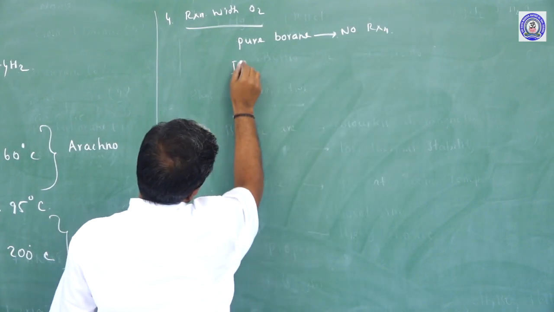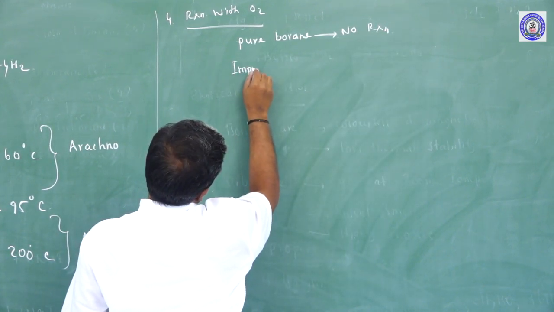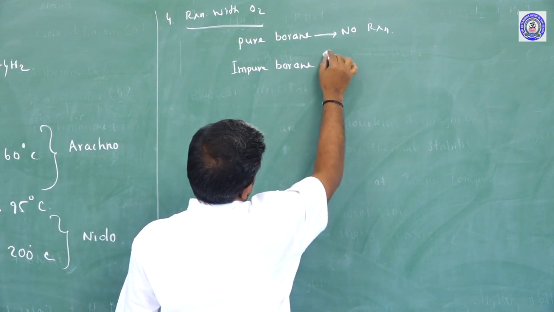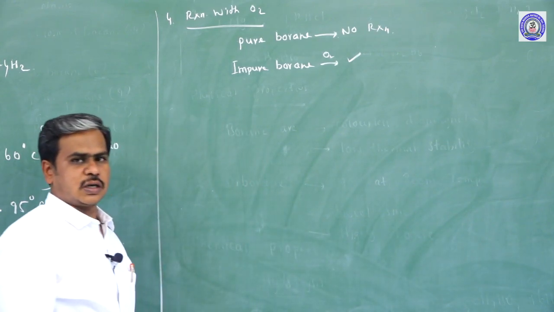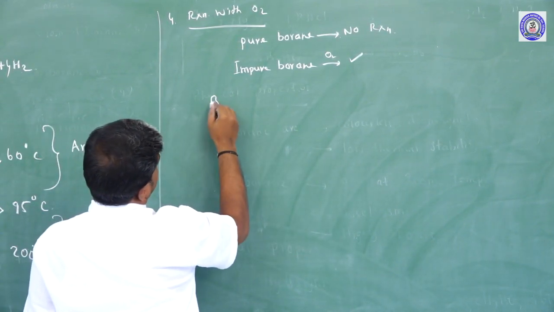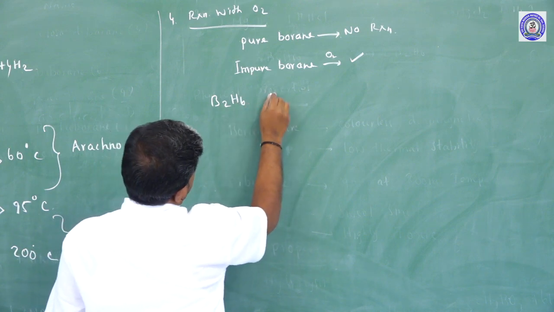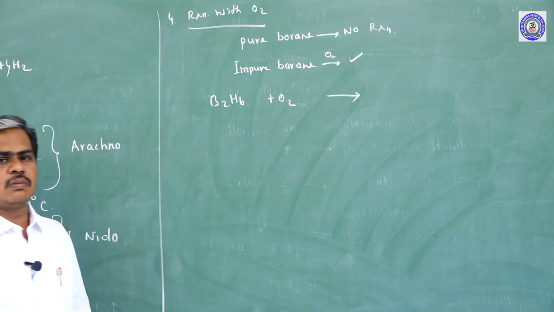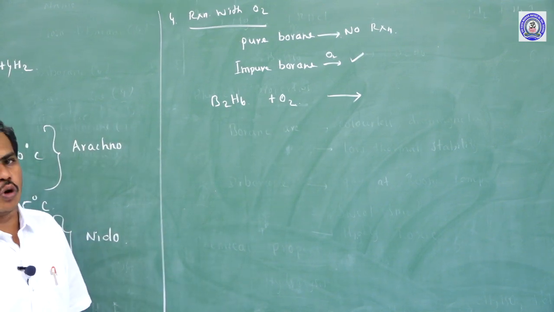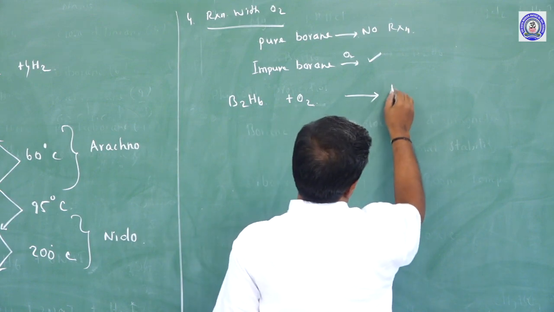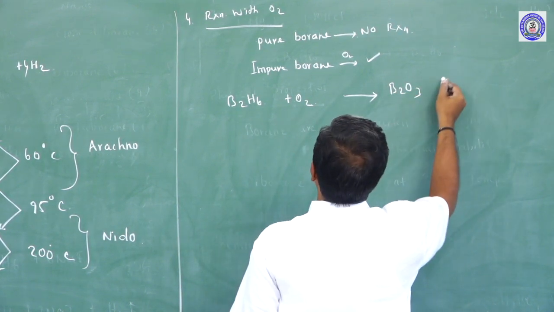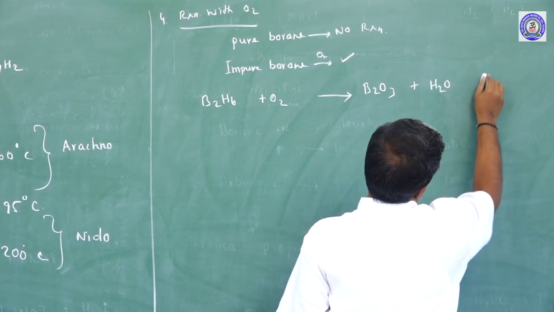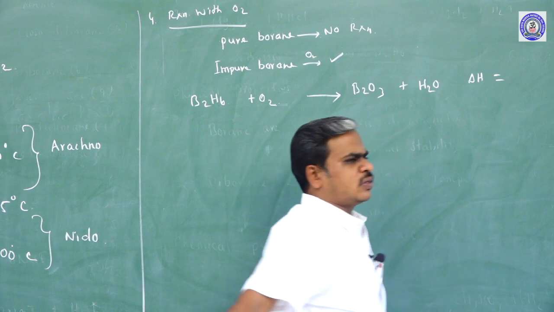Impure borane only reacts with oxygen. So, diborane, B2H6, reacts with oxygen and forms B2O3, boric anhydride, and water, and it is highly exothermic.